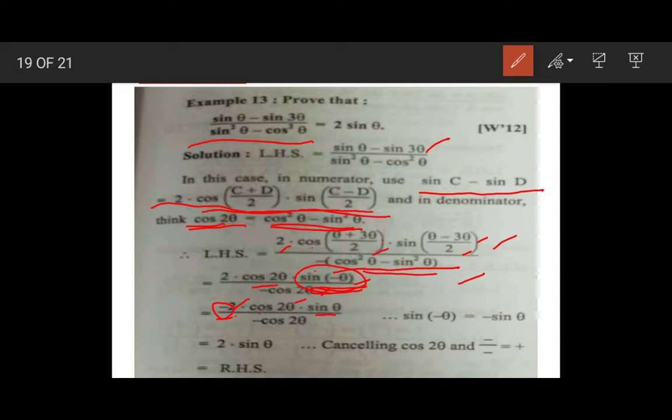So minus 2 cos 2 theta into sin theta, then the denominator is minus cos 2 theta. Minus minus cancel, cos 2 theta cancels. So what am I getting? 2 sin theta, which is nothing but the right hand side.